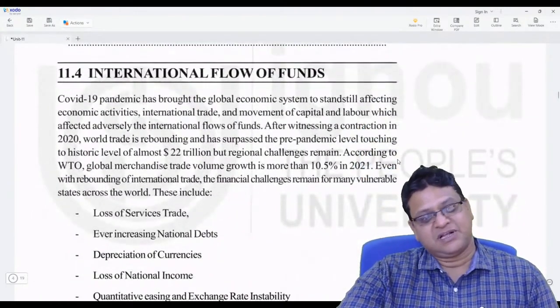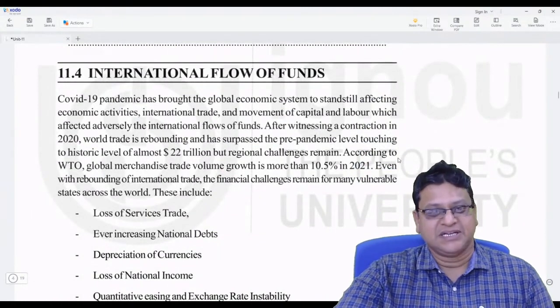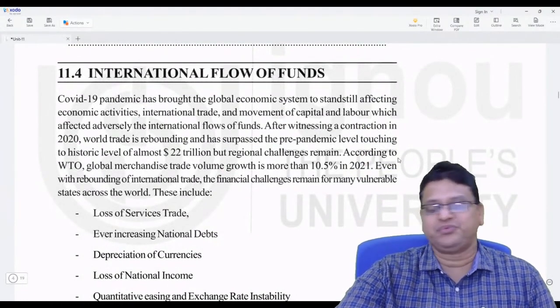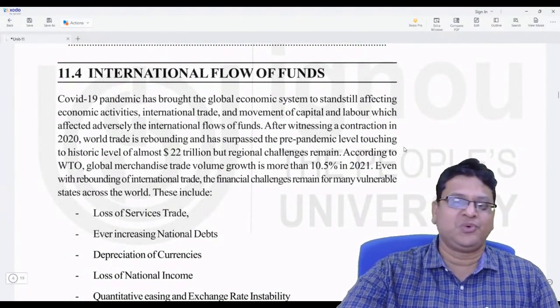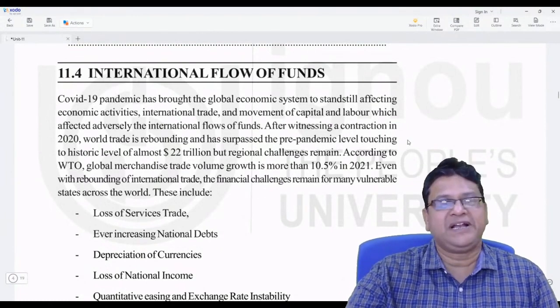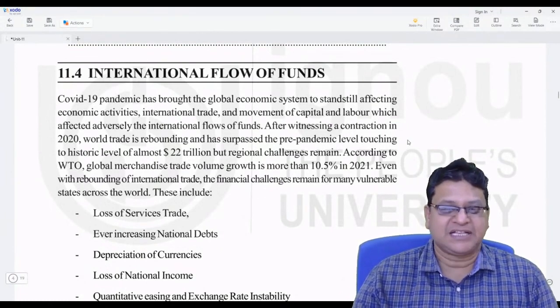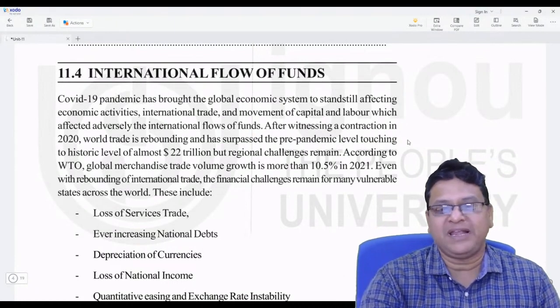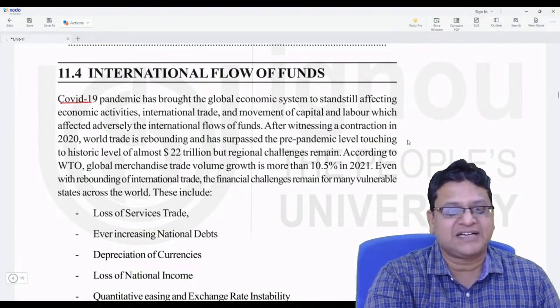Next we will discuss another concept that is known as the international flow of funds. Friends, we know that the COVID-19 pandemic has brought the global economic system to a standstill.